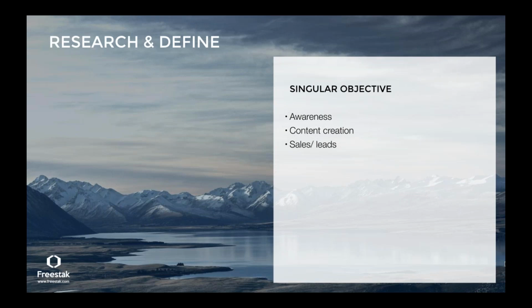And awareness is a really popular and really common objective of brands working with influencers. Content creation is, I think, a really underrated objective for working with influencers, though certainly increasing in popularity as well. And the point I want to stress here is that it's an incredibly cost-effective way of generating what we call user-generated content, or UGC.